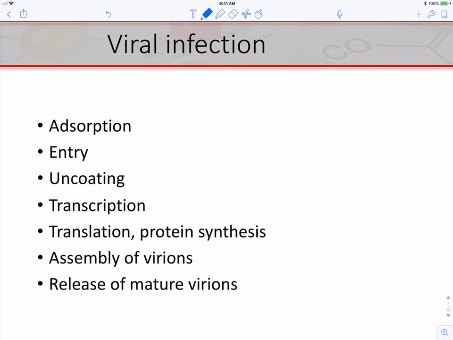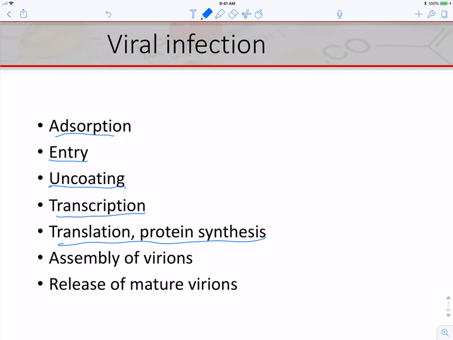The other way of thinking about combating a viral disease is to think about all the steps that viruses have in common, even though they do it with very different ways and very different proteins. And so all viruses need to absorb to the target cell. They need to enter it. Typically, they need to uncoat, so they need to shed the protein capsid. And then the nucleic acid needs to be transcribed somehow into a messenger RNA and then translated and transformed into protein.